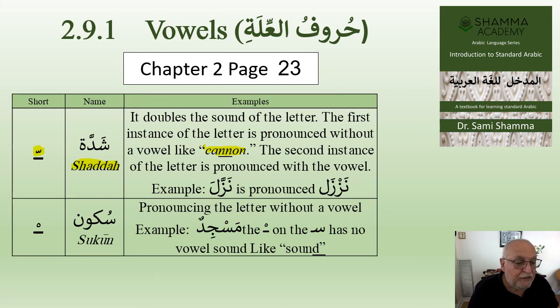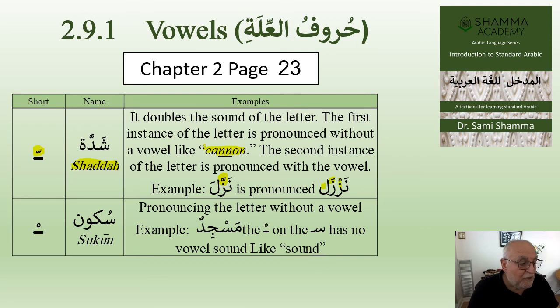A typical word in Arabic will be the word nazzala. So you see that stress mark, the shadda, on the z sound. So it's written like this. It's pronounced nazzala. The first pronunciation is silent, the second pronunciation has the sound.